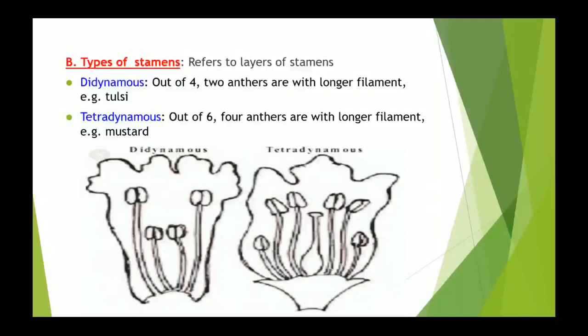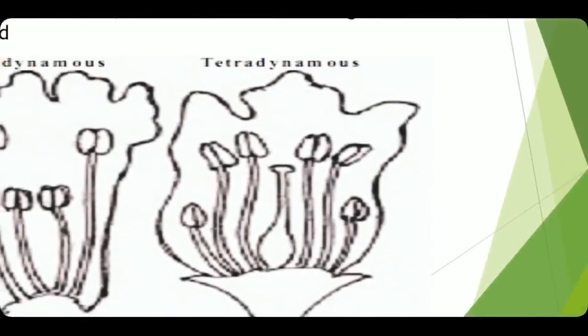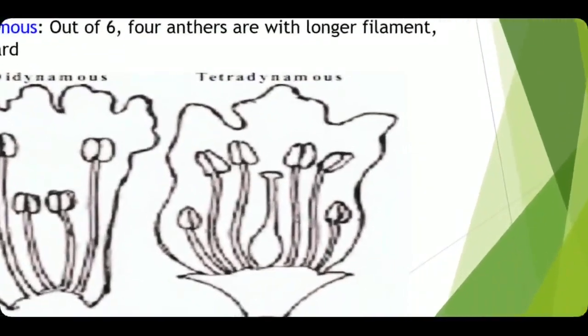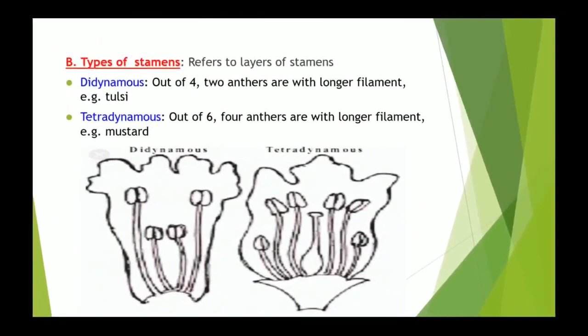An example is tulsi. Similarly, if out of six stamens four stamens are longer, it is tetradynamous. An example is mustard. In the picture you can see didynamous and tetradynamous. In tetradynamous, four anthers are longer and the remaining two anthers are smaller.